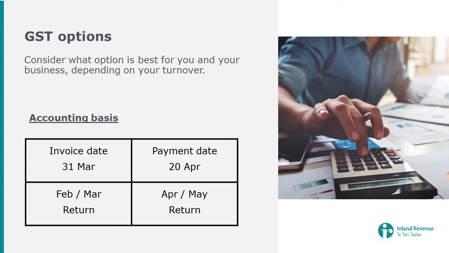For example, you might receive a bill for stock dated 31 March, but you don't pay the bill until 20 April. In this scenario, you have a GST invoice dated in the March period, with a payment date in the April-May period. The accounting basis determines which return to include this transaction in.